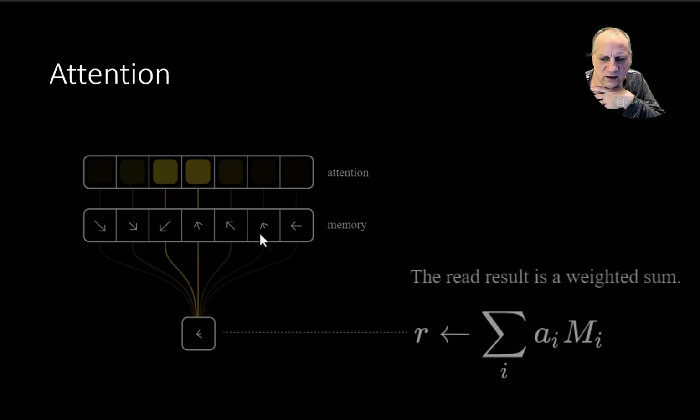So the idea is that you don't just have a memory, like a carry state or an input state that you're looking at, but you also have another vector, which is considered an attention vector. Whereas the memory states are different vectors representing whatever words or different things, the attention is just a weight.